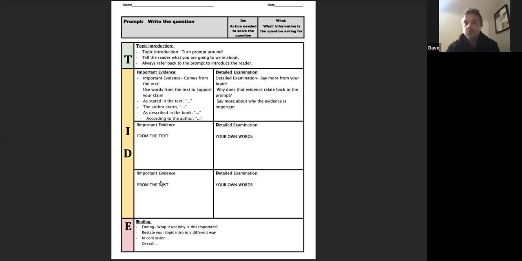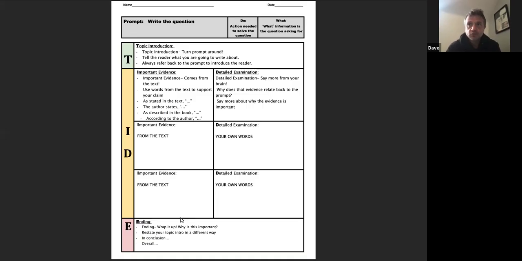We're going to explain more than one sentence for this evidence and more for this evidence. So if you're able to already explain this evidence in your own words, add another sentence. Okay? So we have our evidence from the book and our explanation from my brain, or better yet, your brain. And then at the end, we want to wrap it up.